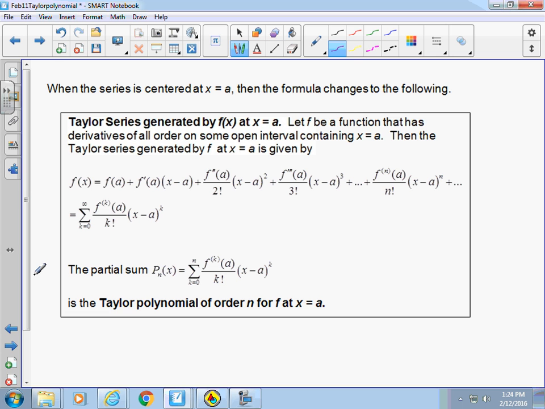If it says Taylor, and it doesn't say centered anywhere, it probably means centered at 0, but just know Maclaurin automatically means centered at 0. They're just called Taylor polynomials centered at a, and Maclaurin is a special case of Taylor polynomials centered at 0.